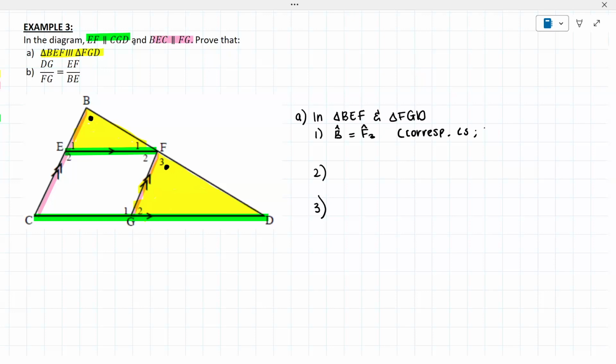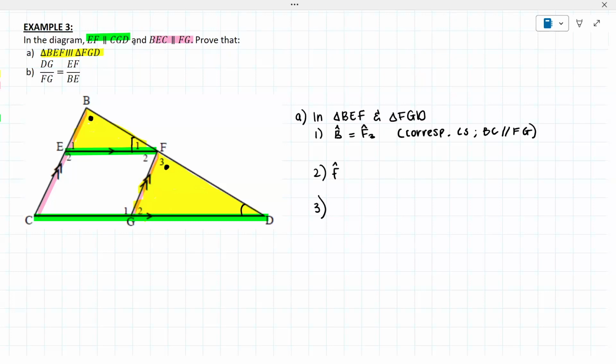And then remember, you have to state your parallel lines. So BC parallel to FG. So that's the first set of angles we know are equal. The next set of angles that we know are equal are F1 and D. Again, these are corresponding angles because of the green parallel lines.